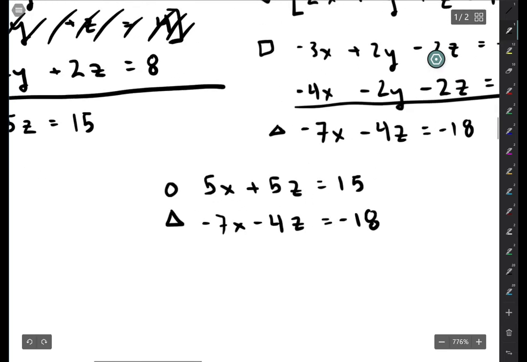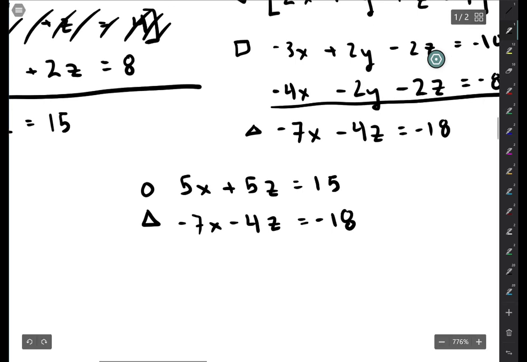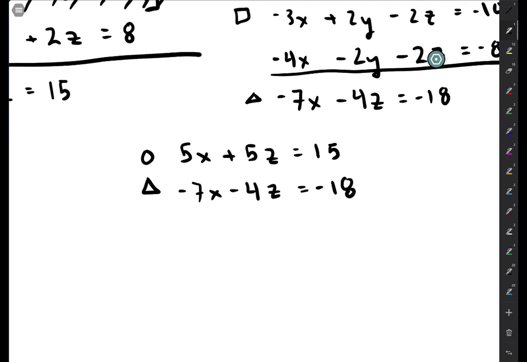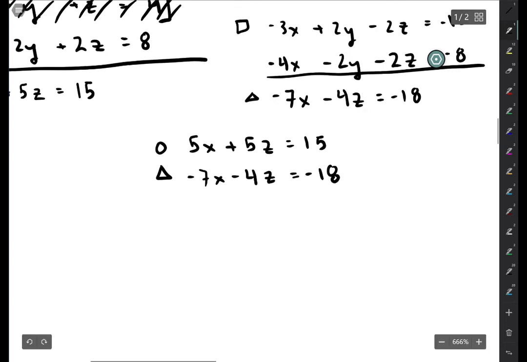Elimination or substitution from here. Certainly, if you want to pause and try it out, there are different methods you can take. I am going to multiply the top equation by 4, the bottom equation by 5. I'm an eliminator.